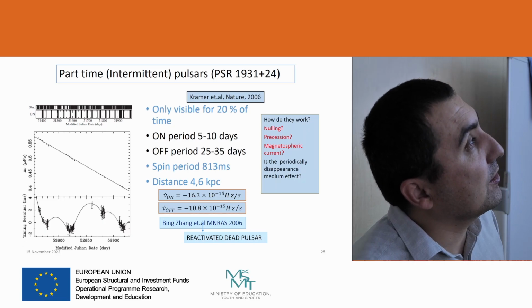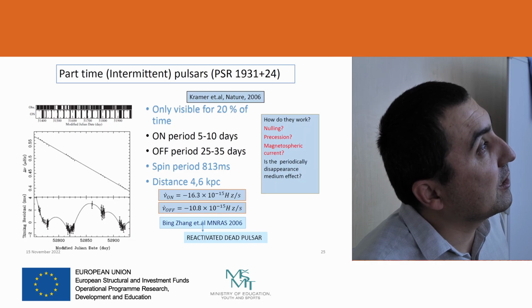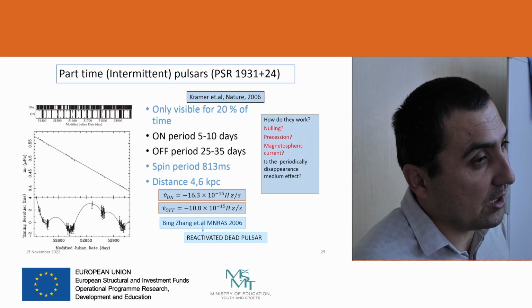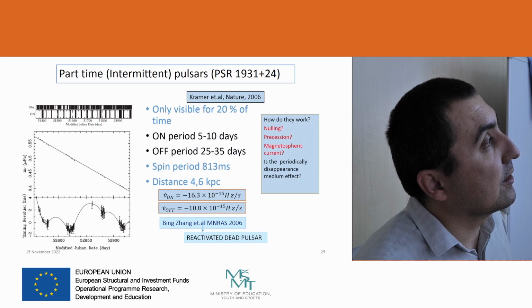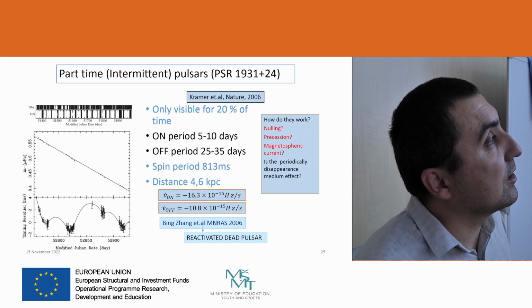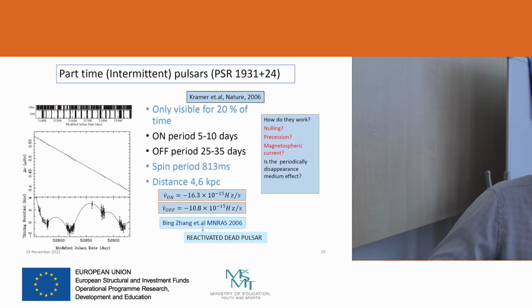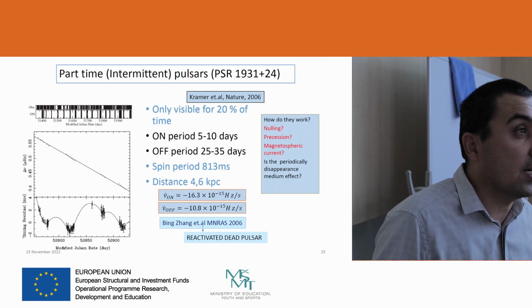For the first time, this part-time pulsar was observed in 2006. It was observable in 20% of observation time, and the on period lasts 5-10 days, and then an off period. Off period means we cannot observe it in the same coordinate of the sky.